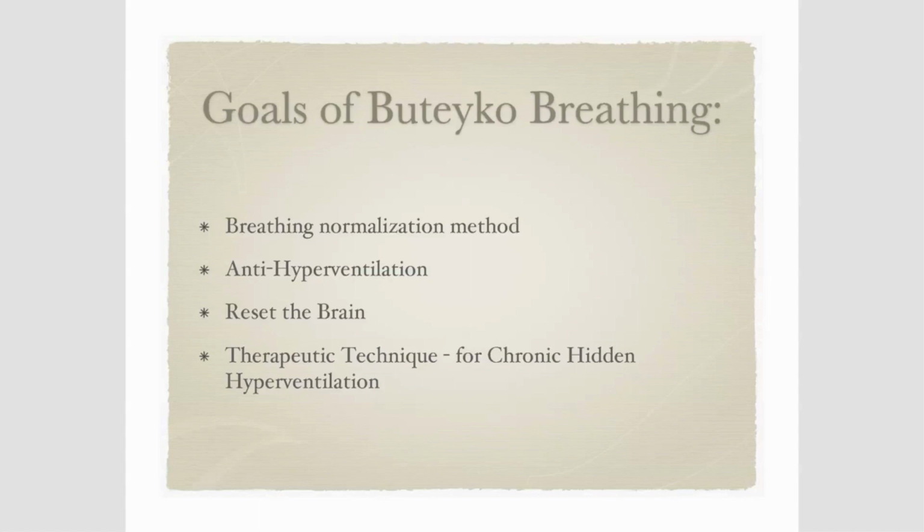And as further slides are going to show, if you remember that our brain controls our breathing, and mostly it controls our breathing so that we keep carbon dioxide and oxygen in balance. If we chronically hyperventilate, we throw off that pH, that carbon dioxide and oxygen balance. And that sets us up for all these systemic symptoms.